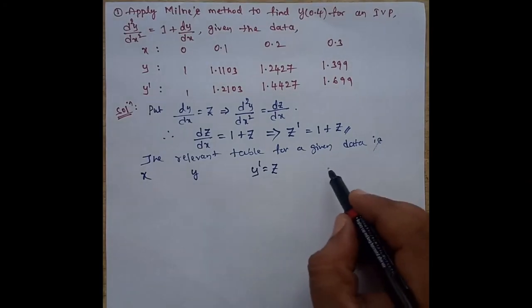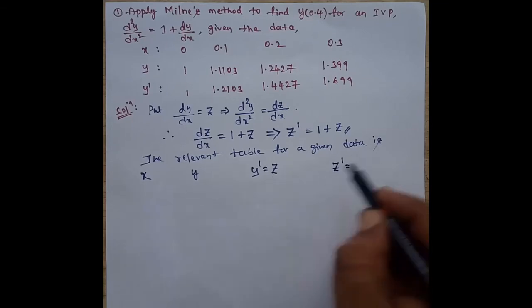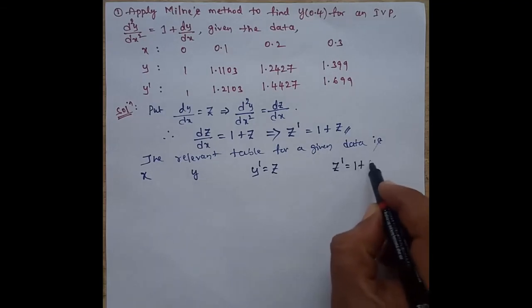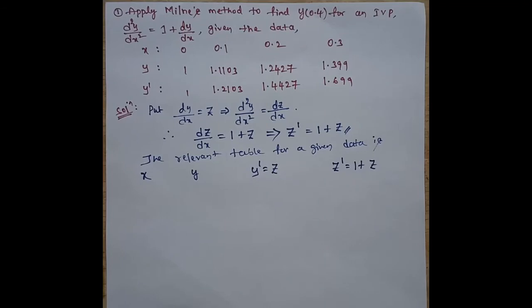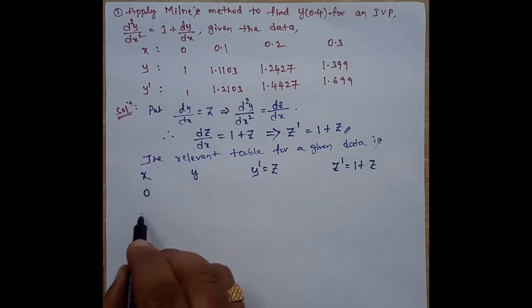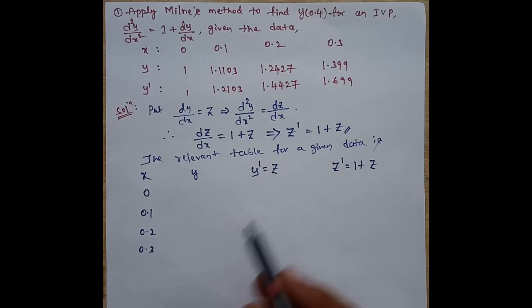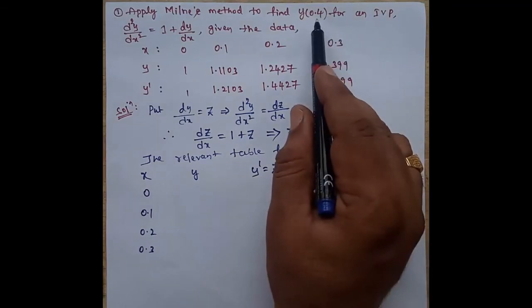Next I want z dash, and the relation is z dash equals 1 plus z. So let us enter the data. The x values are 0, 0.1, 0.2, 0.3, but remember there is one more value of x, the point where I want to find the final solution, that is 0.4.